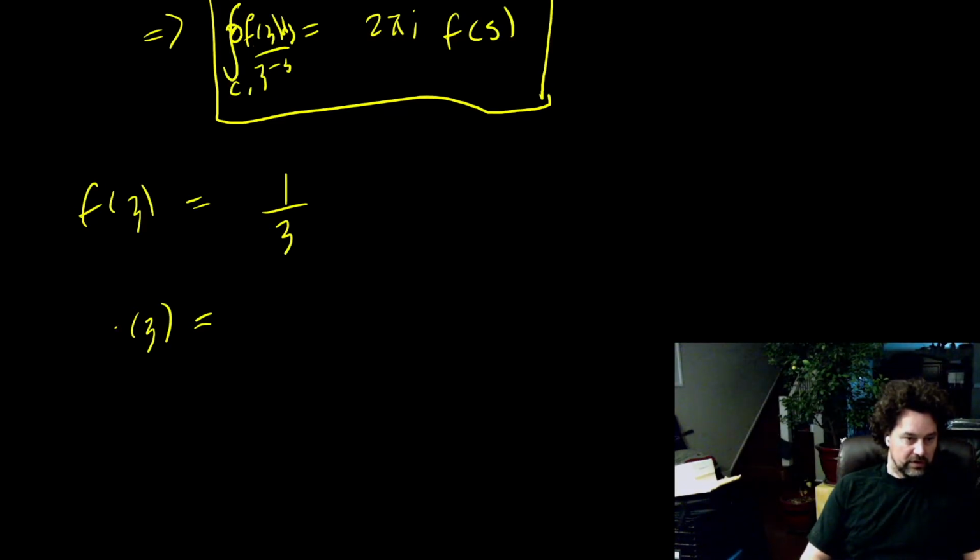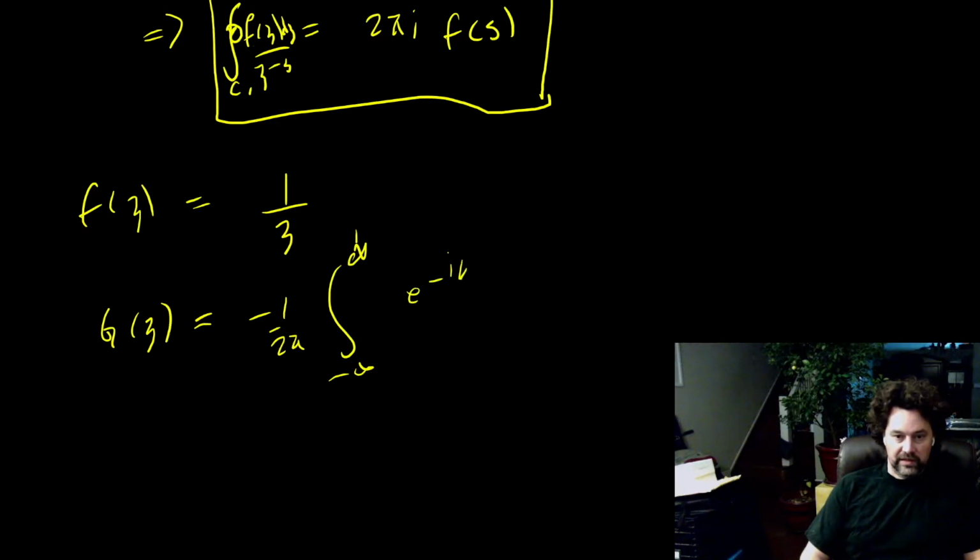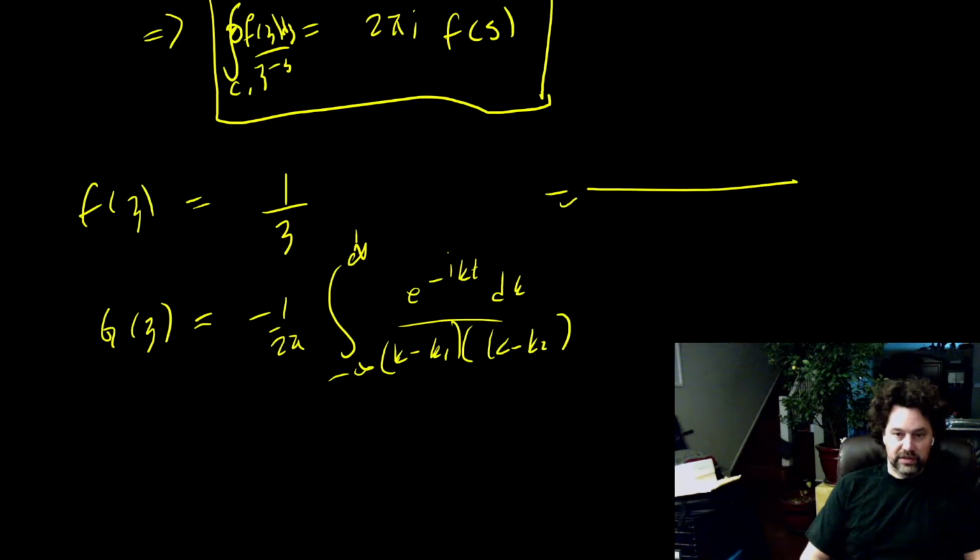So g of z was minus 1 over 2 pi of e to the minus i k t dk over k minus k1 times k minus k2. And we are integrating from minus infinity to infinity.